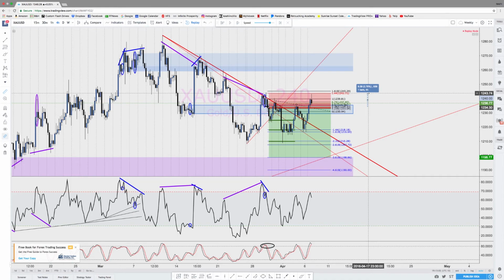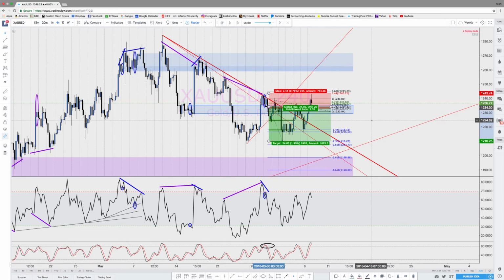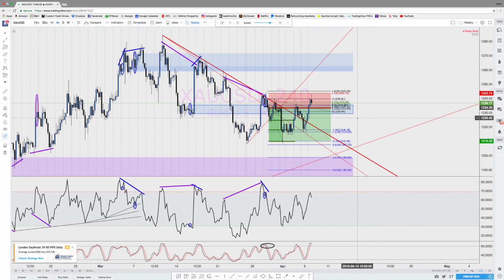So a risk of 94 pips, and we took profit at 242 pips. So we can move this up, and we'll see that it's a 2.5 to 1 RR.